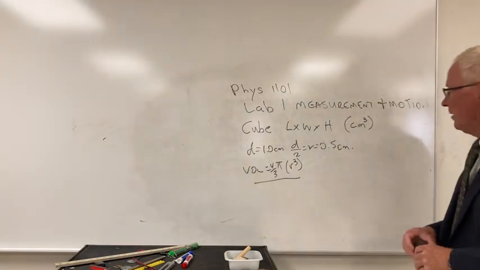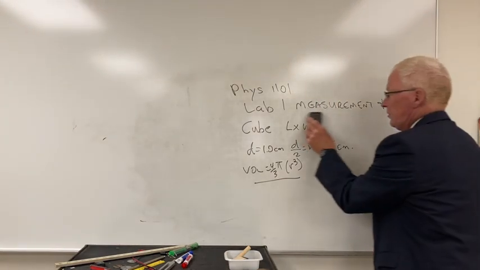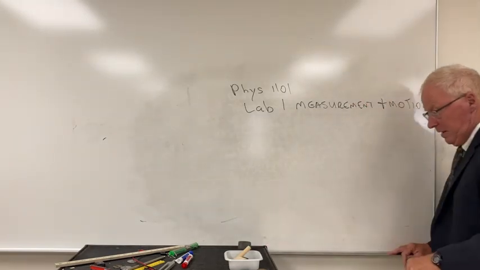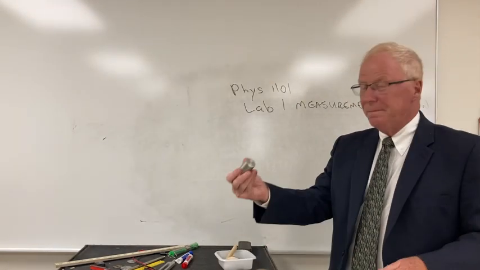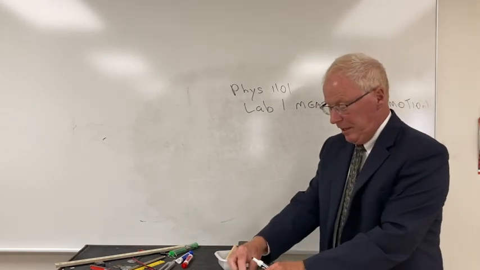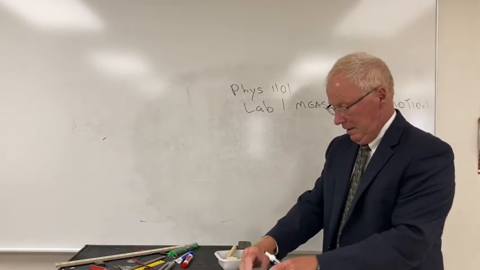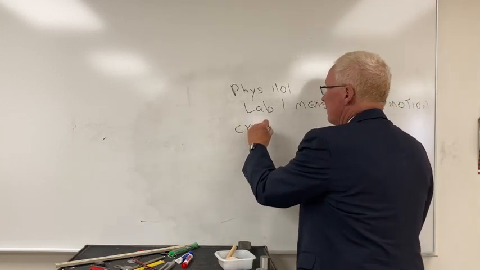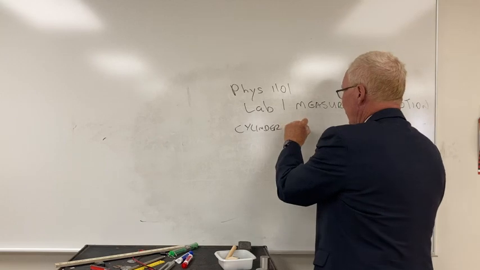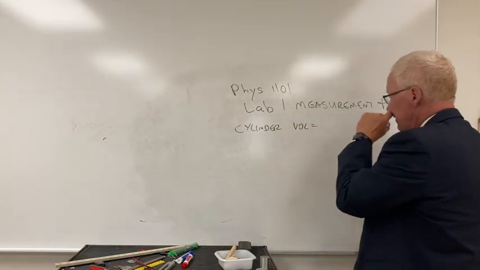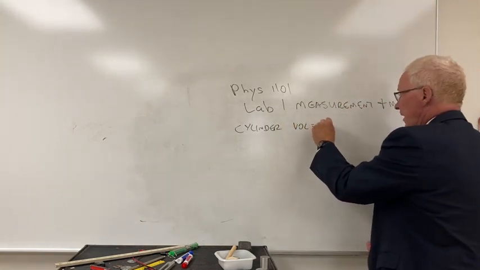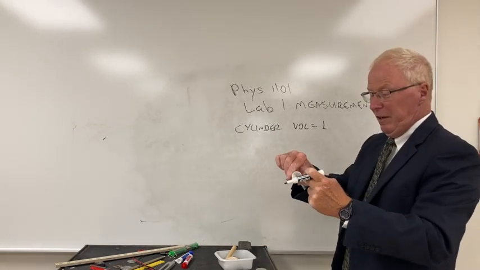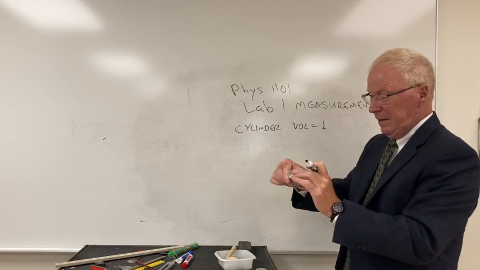The ones we're really going to be dealing with are the cylinders. And for the cylinder, all 3 are the same size. For a cylinder, the volume is the length, which is this length here, times the area of either surface.